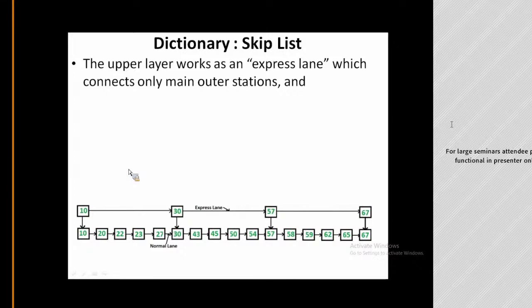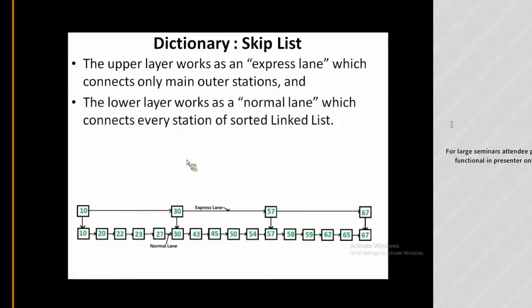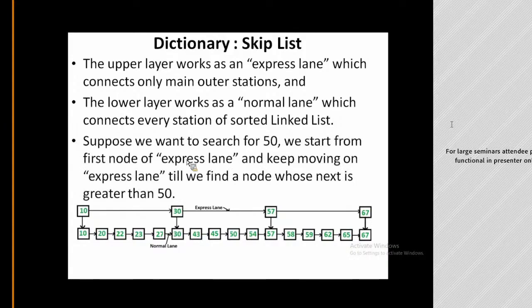Then the lower layer works as a normal lane which connects every station. So the lower layer, that is the normal lane, will have all the nodes, whereas the express lane will have only the important nodes.